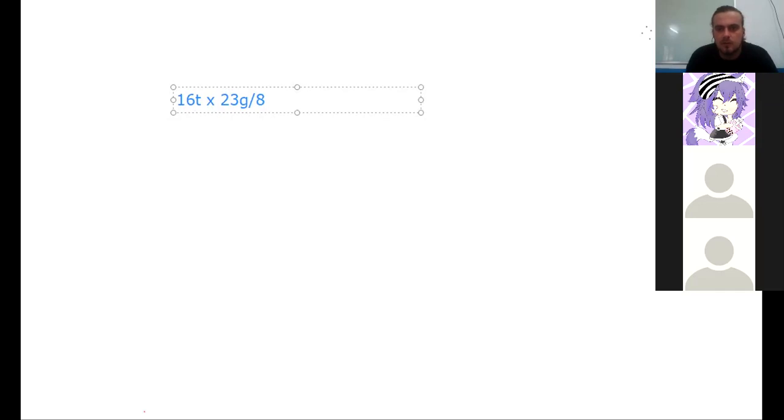Right, I've lost the whiteboard. Oops. Can you guys still see the whiteboard? Oh no. Where has it gone, there it is. Okay, so we've got to do 16t times 23g divided by 8.